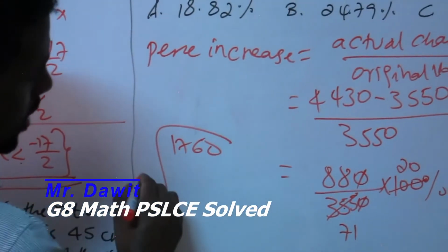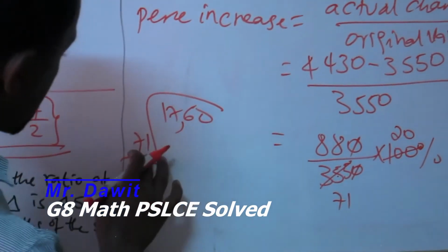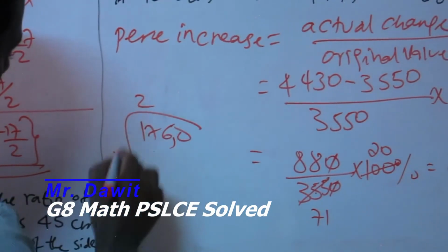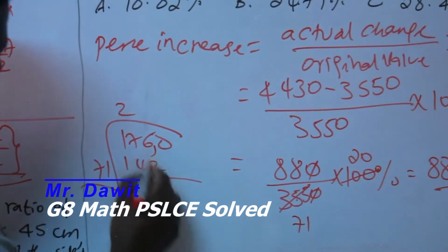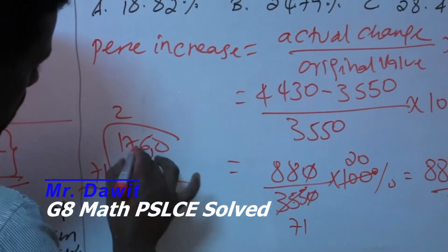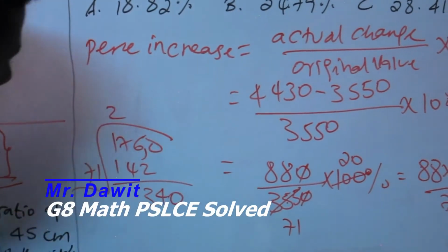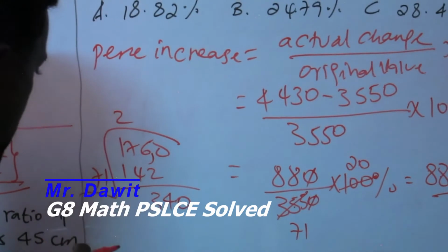Now you can divide by 71 using long division. 176 divided by 71: 2 times 71 is 142. Subtract, it becomes 34, then bring down 0. 340 divided by 71.